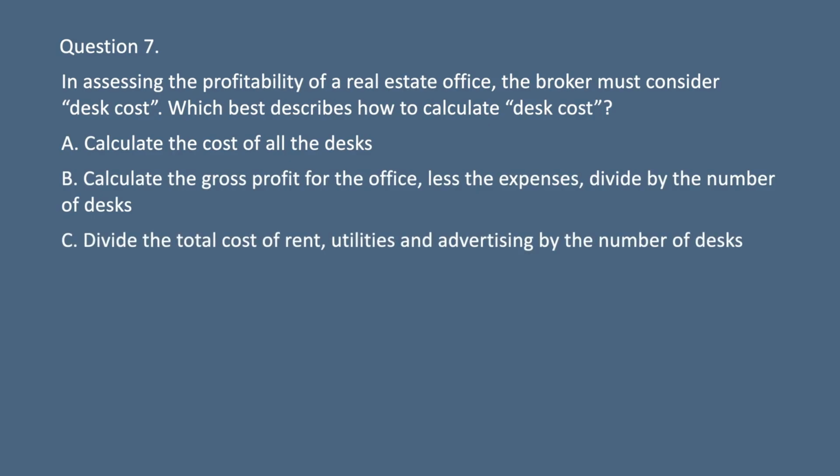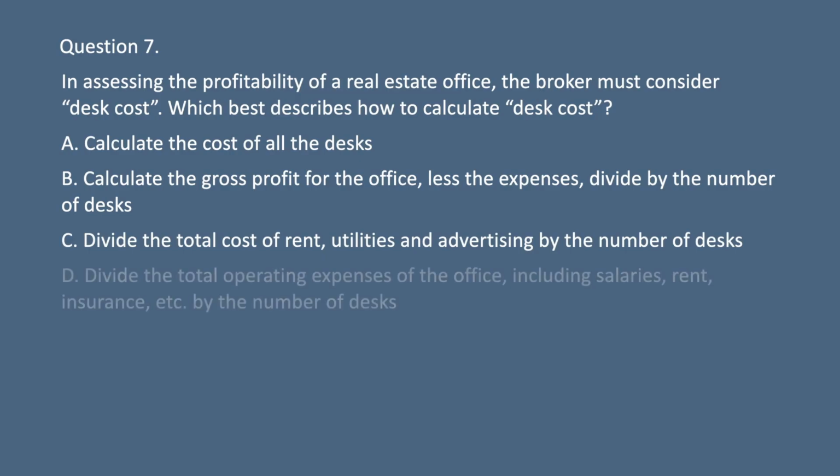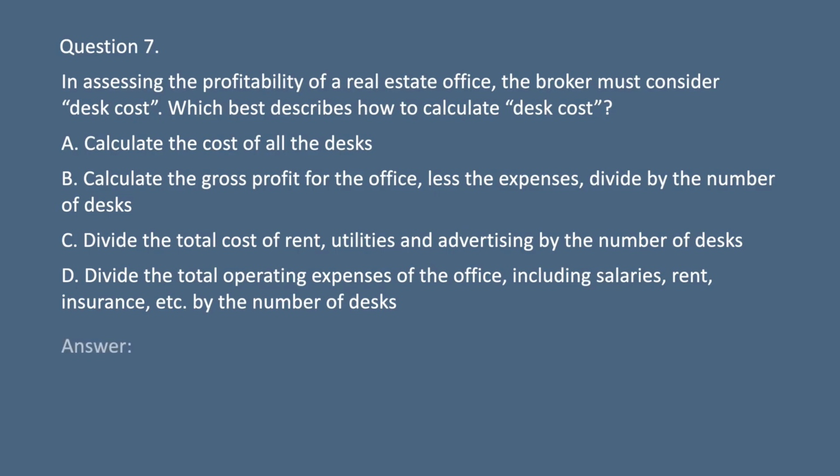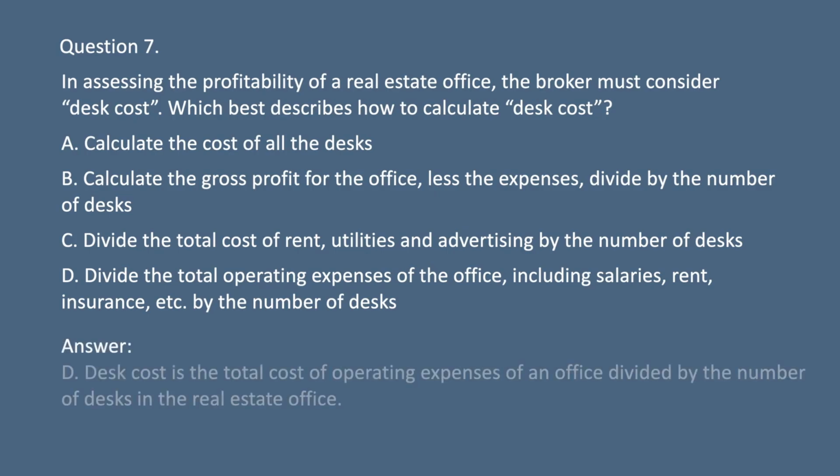C. Divide the total cost of rent, utilities and advertising by the number of desks. D. Divide the total operating expenses of the office, including salaries, rent, insurance, etc., by the number of desks. Answer. D. Desk cost is the total cost of operating expenses of an office divided by the number of desks in the real estate office.